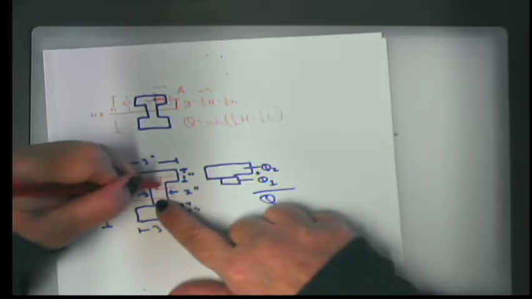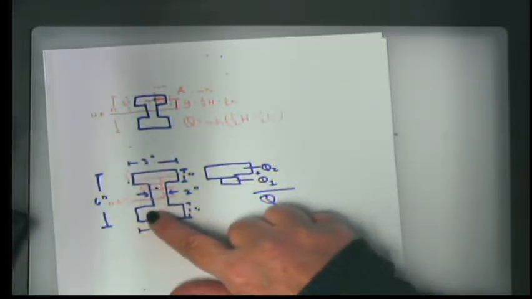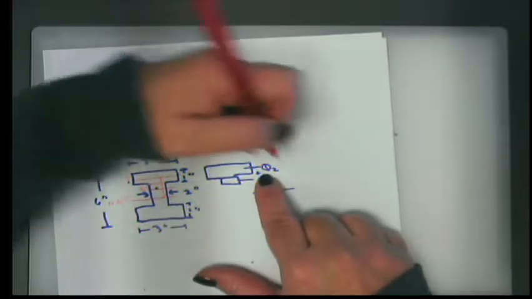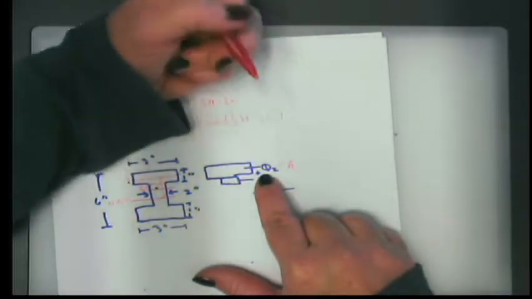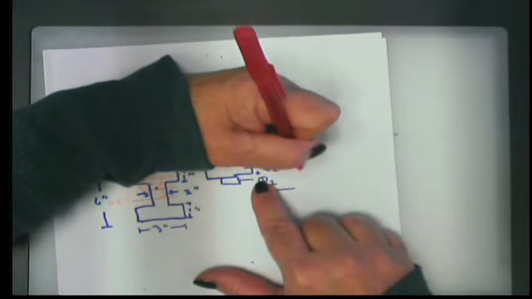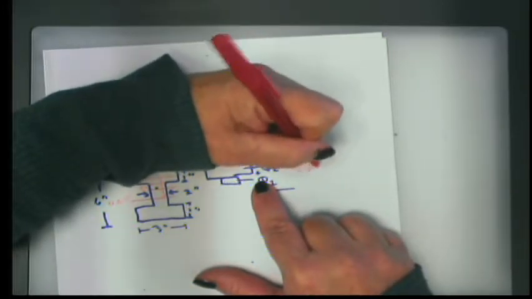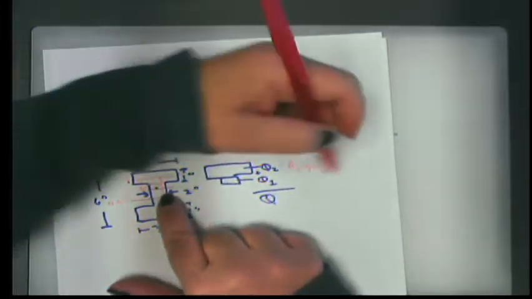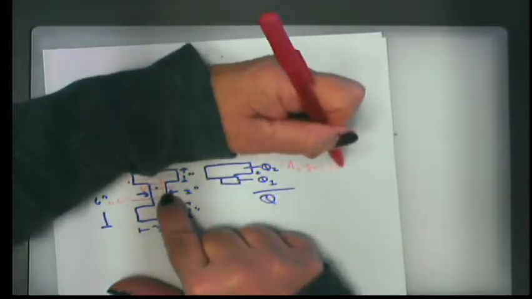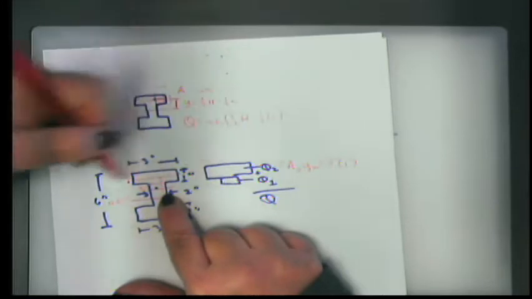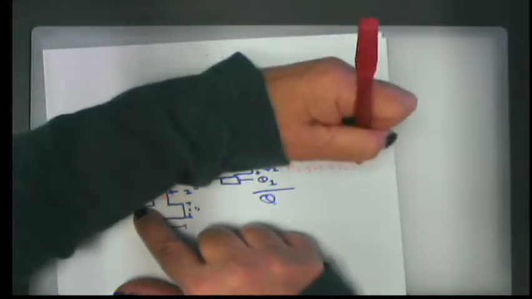So the distance from here to here is 2.5 inches. So Q1 is A2 times Y2. That's what I'm trying to say. So my A2 is 3 inches times 1 inch, and my Y2 is 2.5 inches.